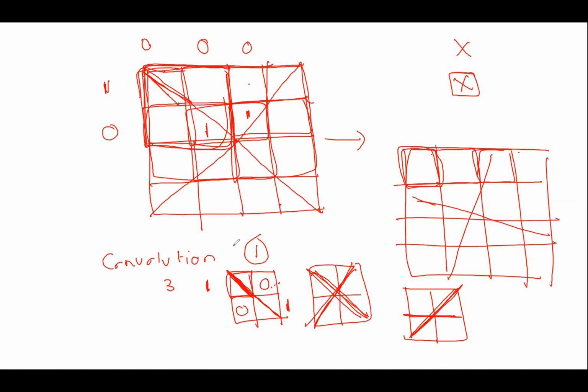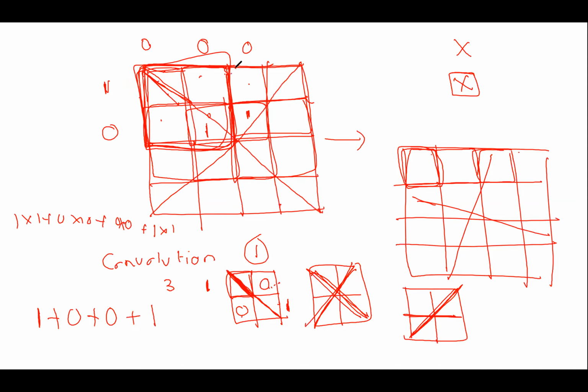So that is 1 times 1, which is 1. 0 times 0 is 0. 0 times 0 is again 0. This is 1 times 1. I'm just overlaying this filter on top of this, and if both of them have black values, it is 1. If they don't, then it is 0. So it is 1 times 1 plus 0 times 0 plus 0 times 0 plus 1 times 1.